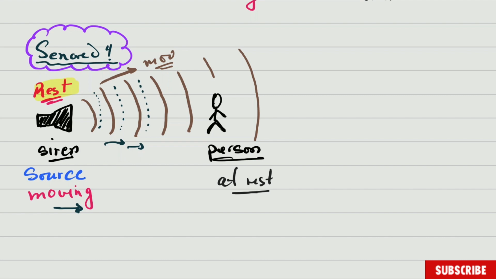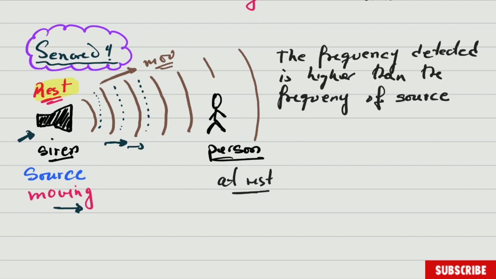Note, because of that shortening of the wavelength of the wave, this person will detect a wave with a higher frequency. So the frequency detected by this person is higher because the siren is now compressing the waves. So in this case, the frequency detected is higher than the frequency of the source.